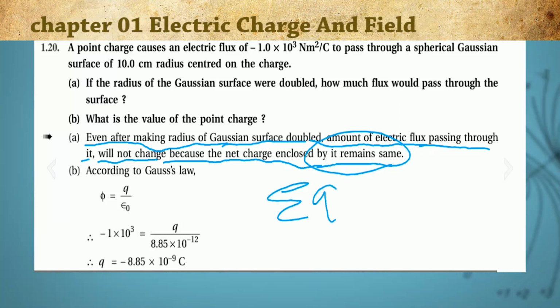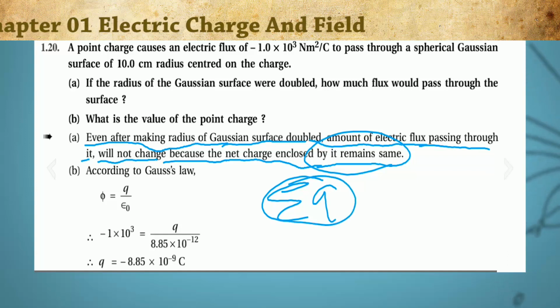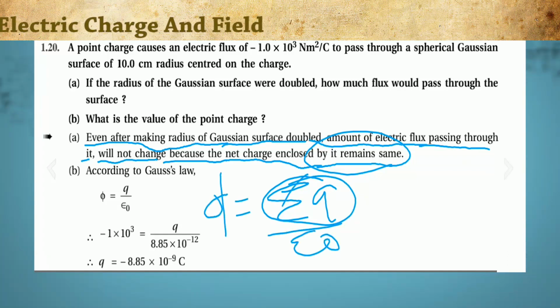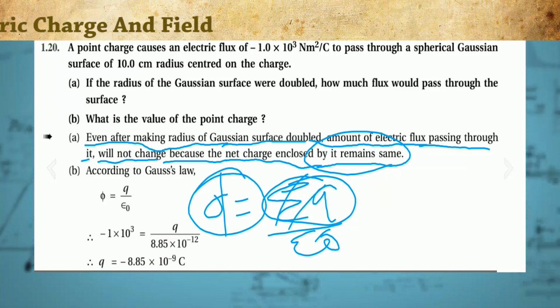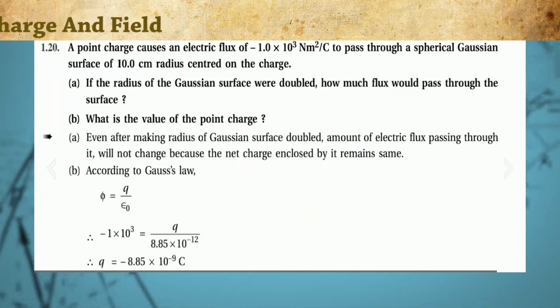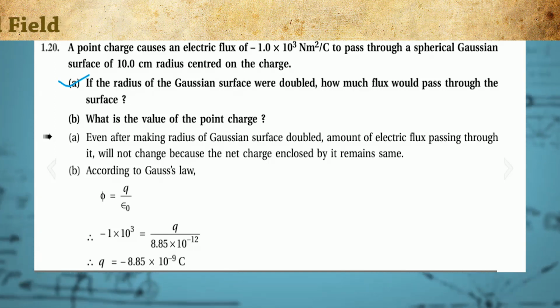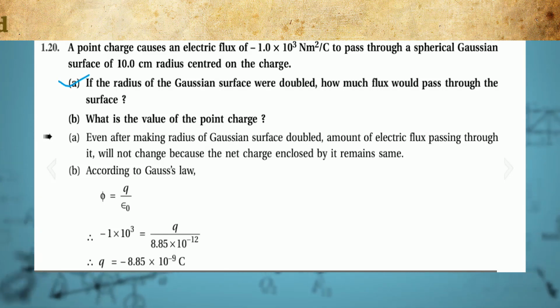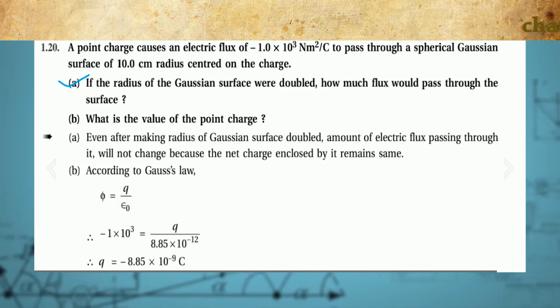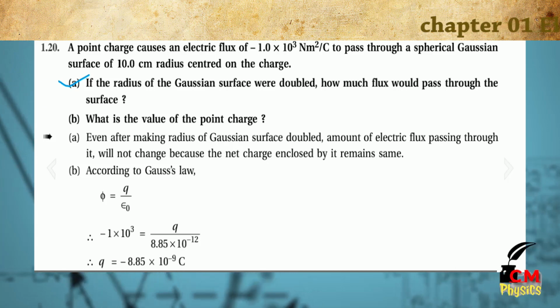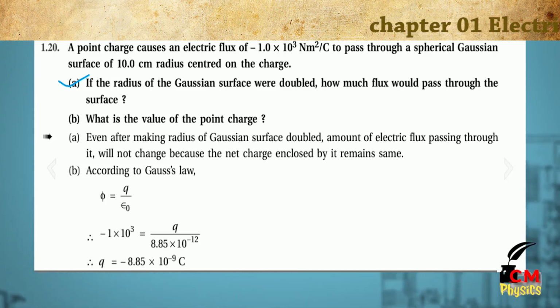Sigma q is not changed, and flux phi is equal to sigma q by epsilon 0. No physical quantity changes, therefore flux remains the same. The answer to the first part is that the flux will not change if you change the radius of the Gaussian surface, whether double, triple, or anything else.